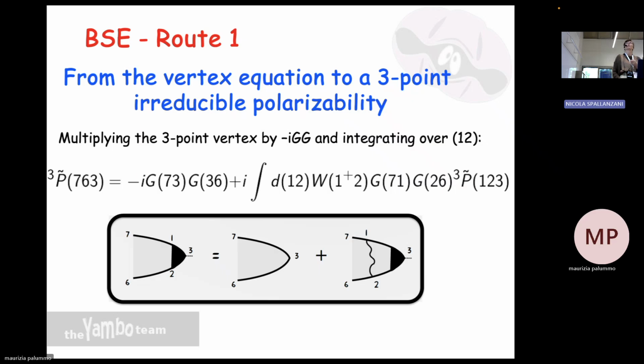And then actually what we have is an equation for a 3-point polarizability where the gamma beyond delta is included. So we are into the diagrams beyond the fact that the two electron-hole propagators are independent. And so we have this equation.